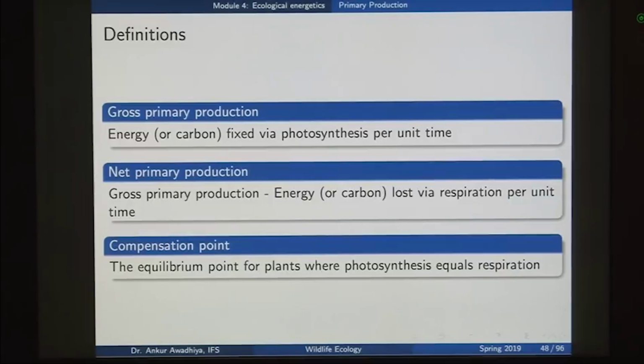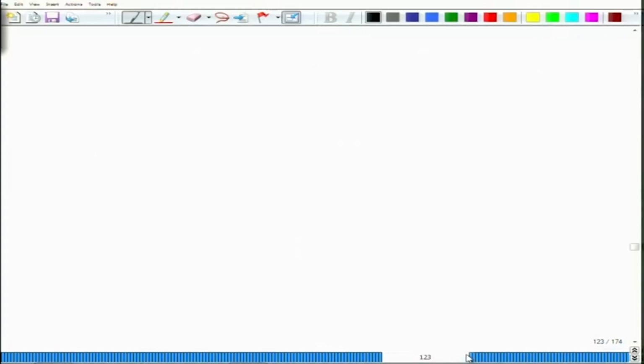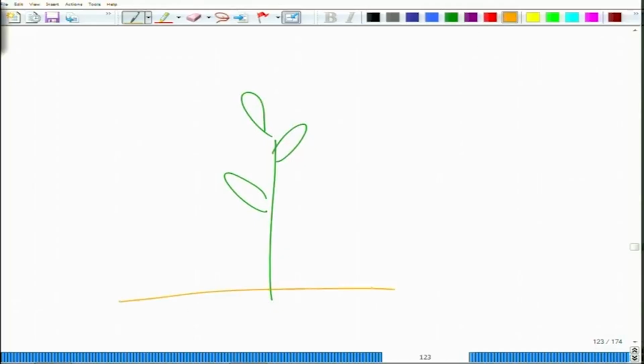Now, there is a third term called compensation point. Compensation point is the equilibrium point for plants where photosynthesis equals respiration. So, what is compensation point? Suppose you have this plant, and when you have the sun, then you have two processes happening.